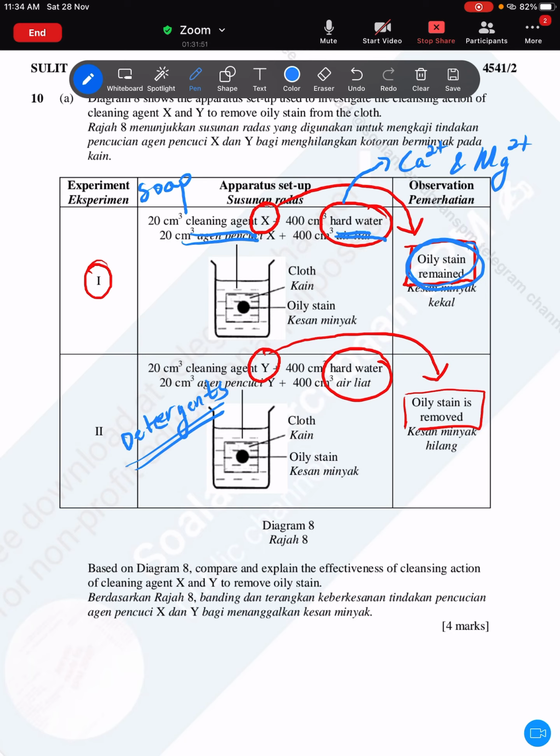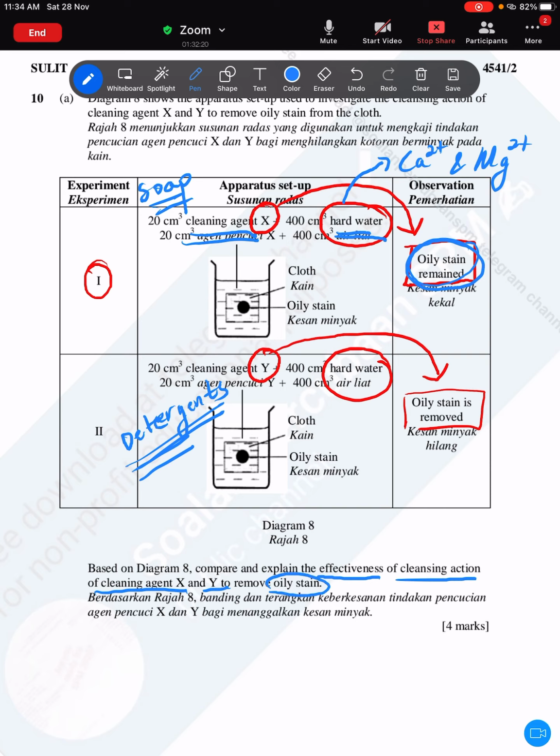Okay, so you have a soap and a detergent. Once you understand this, now you start to look at the question and what they are actually asking. Based on diagram 8, compare and explain the effectiveness of the cleaning actions of cleaning agents X and Y to remove the oil stain.